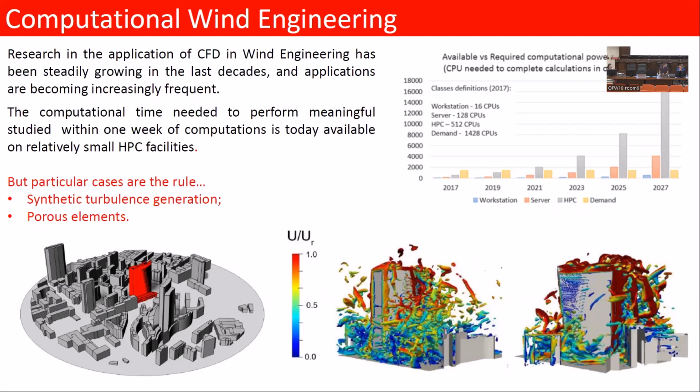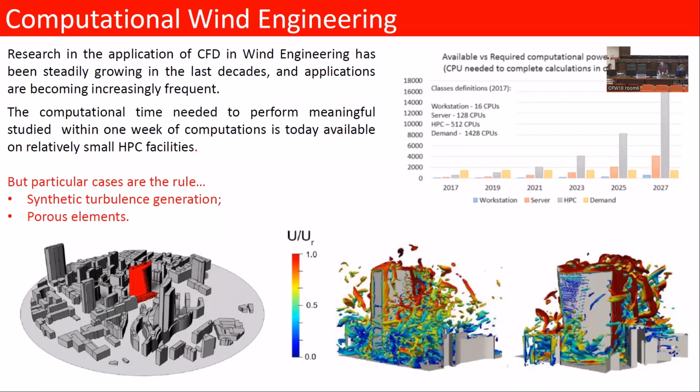What you compare are the gray bars with the yellow bars, which is the demand of computational power, and the other bars correspond to the computational power available in different segments of the hardware. You see that we're catching up now to get meaningful results, which can start competing with the wind tunnel test.